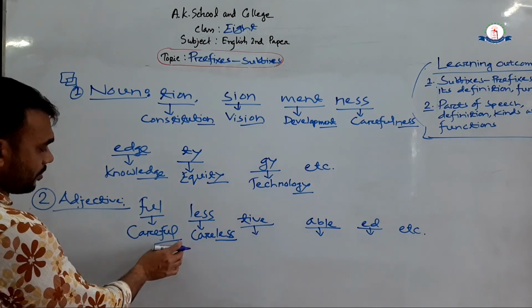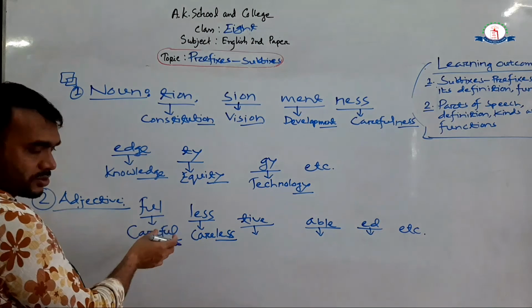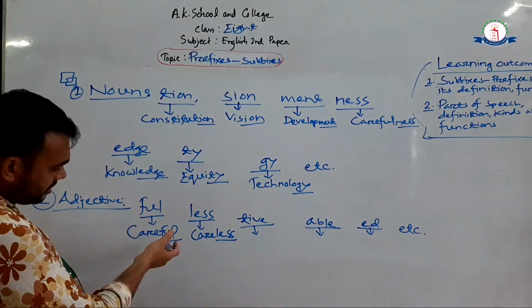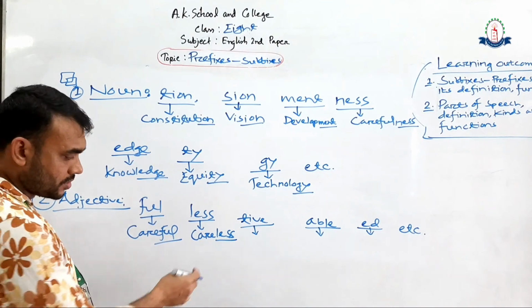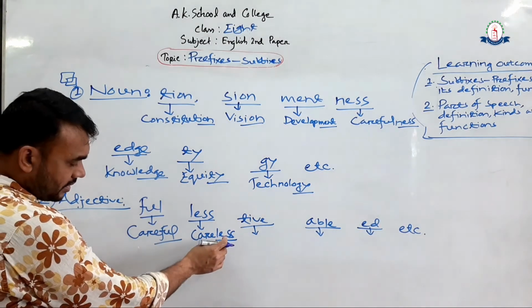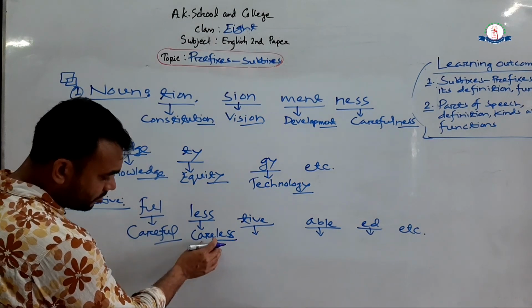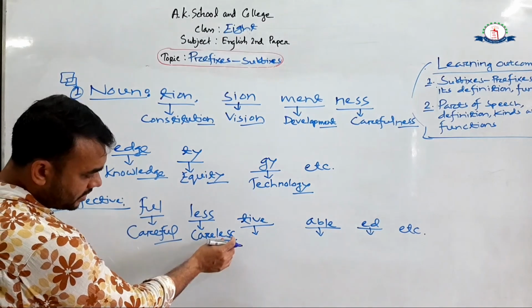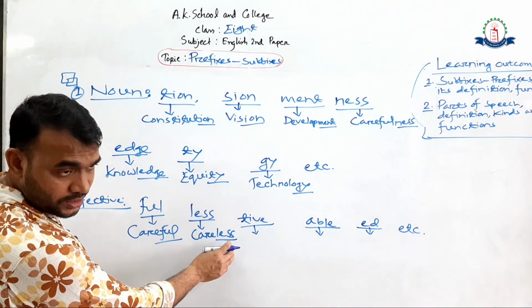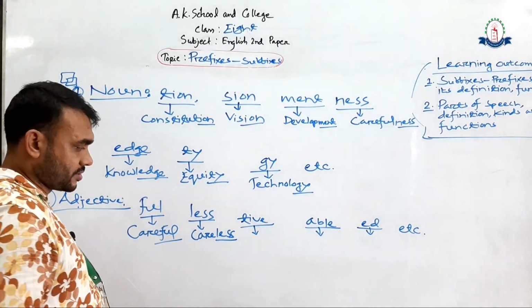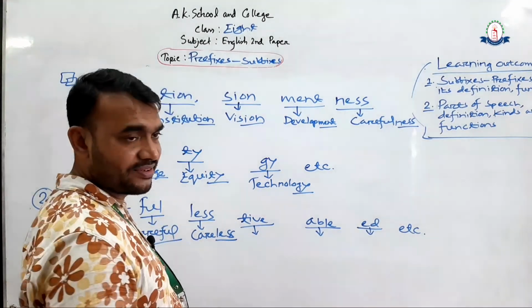It's also a suffix. It's also part of adjective, and it is also a suffix because LESS sits at the end of the word. So whenever any letters sit at the end of the word, it will become a suffix. Here is TIVE.